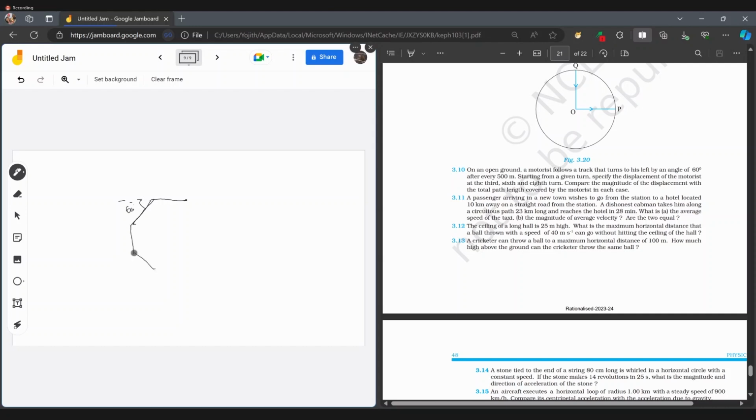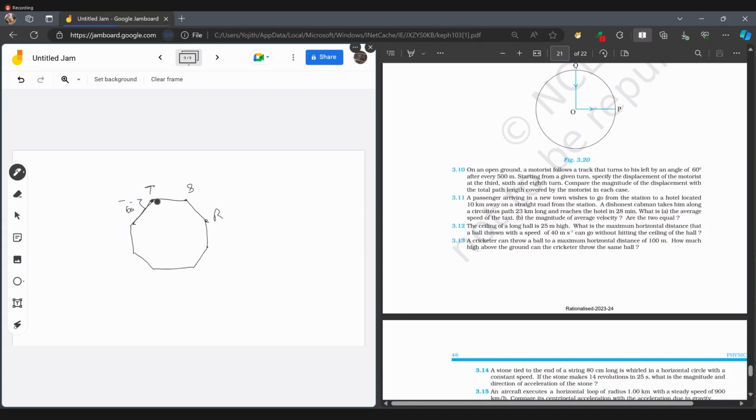Okay, like that he keeps taking turns until he comes back. Okay. Basically a hexagon is created. Okay. So let's name points in this hexagon. This is T, this is S, this is R.